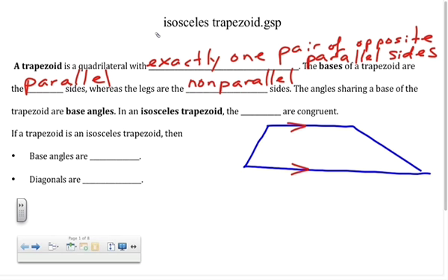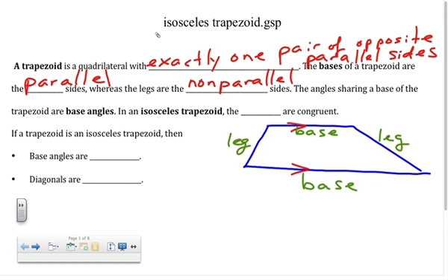So this is a base. This is a base. Leg, leg.